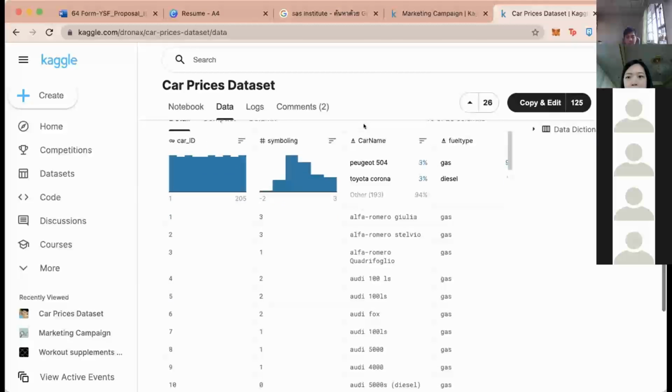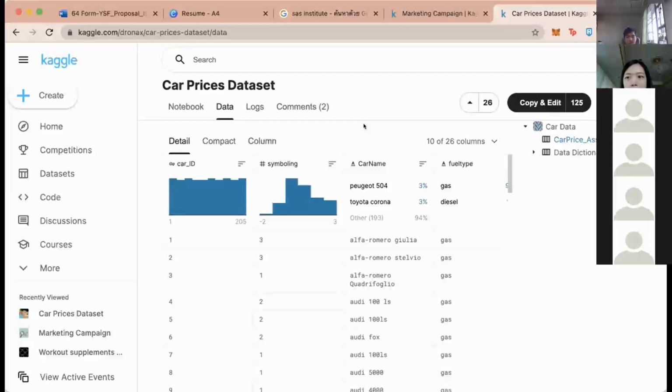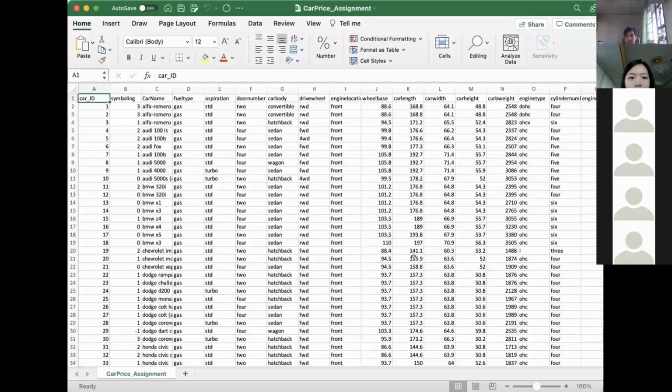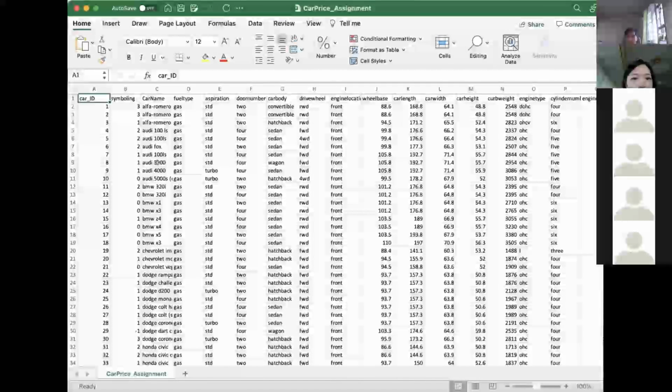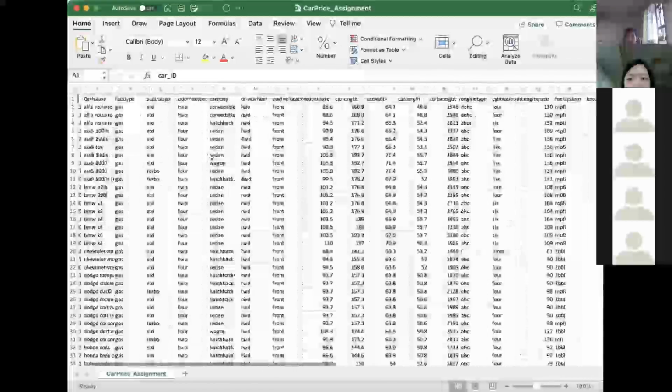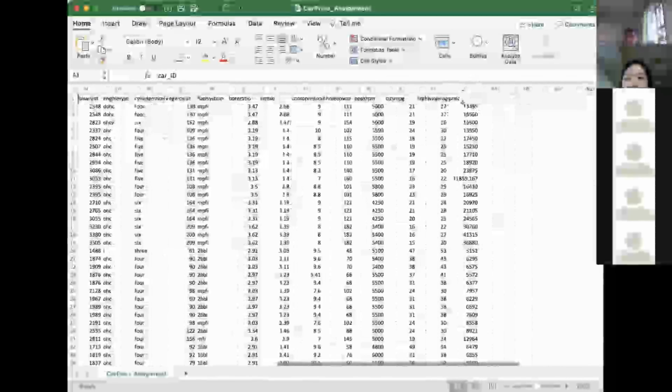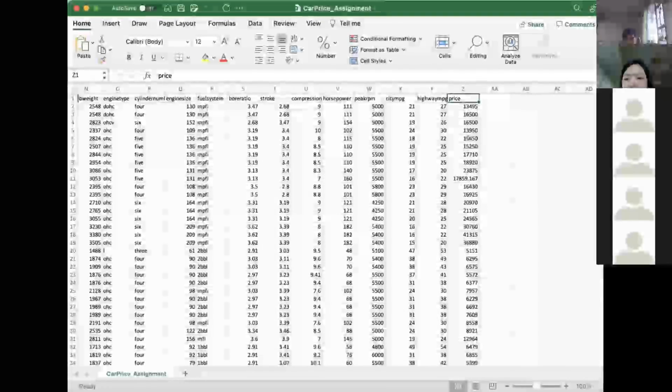What you might do, if I may, go back to your data set. They say car name, right? You always have car price.